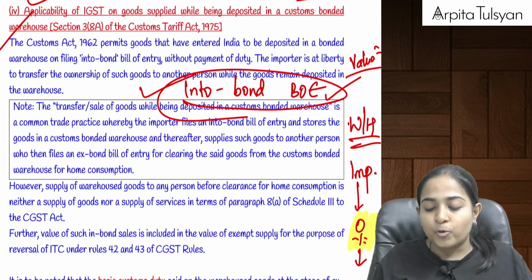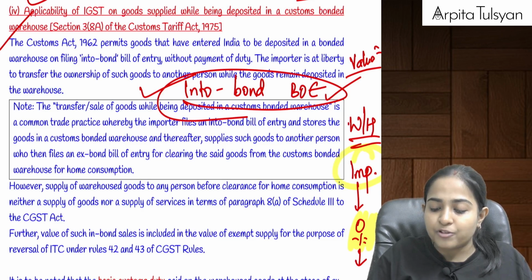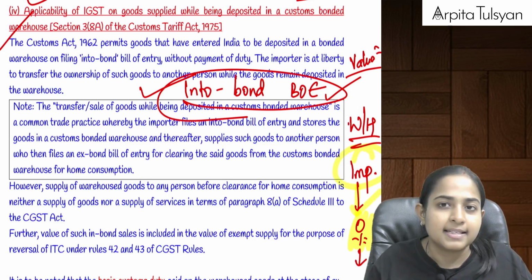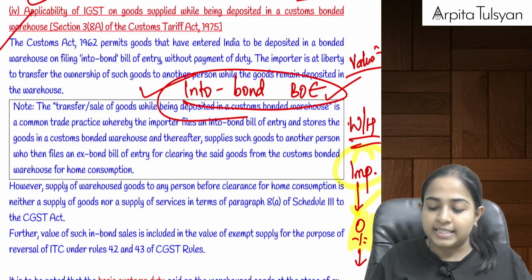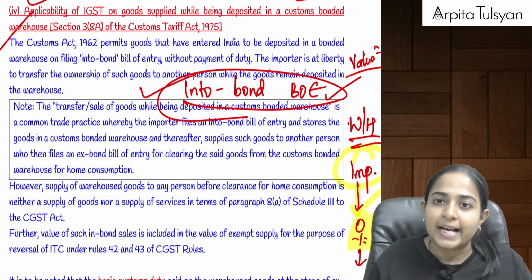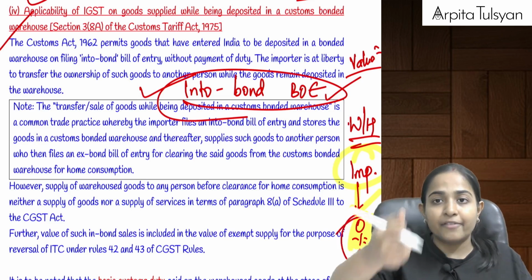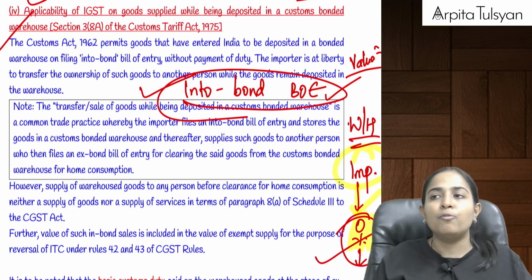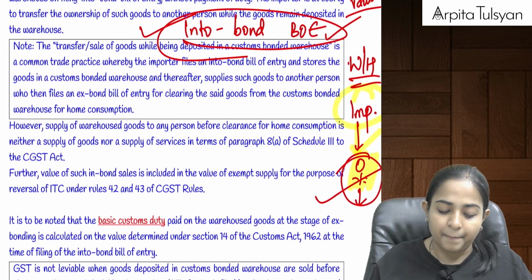So suppose before the goods are cleared for home consumption, I have sold the goods to someone else, then this transaction is not considered a supply. This we have already seen in Schedule 3 of the CGST Act. So ma'am, does it become totally tax free? Arey, it does not become tax free. When the person to whom I have sold clears it for home consumption, the liability to pay customs and GST is on that other person.